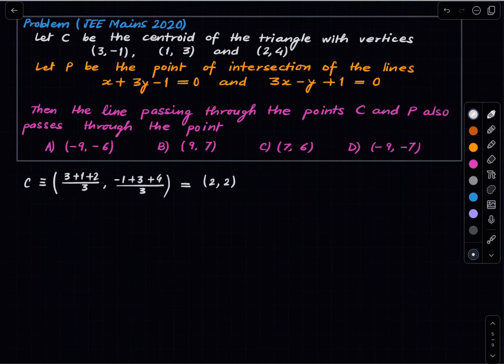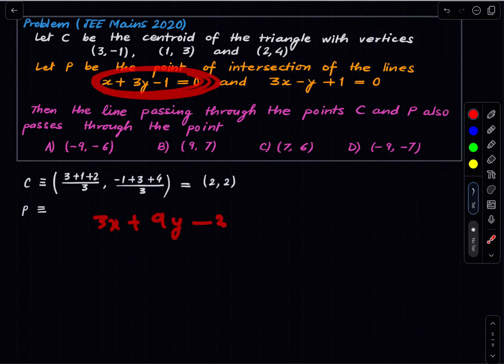And what is the point of intersection of these two lines? Let us just do this in rough. If I multiply by 3 on both sides, I get 3x plus 9y minus 3 is 0. And I already have 3x minus y plus 1 equals 0. If I subtract, I get 10y minus 4 equals 0.